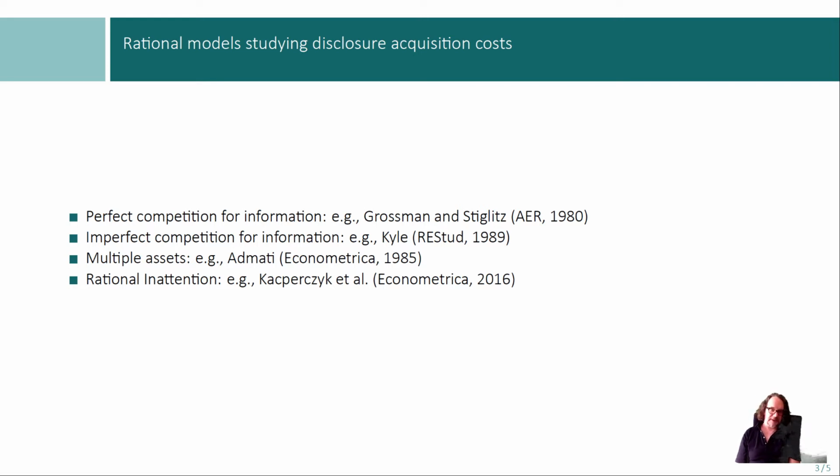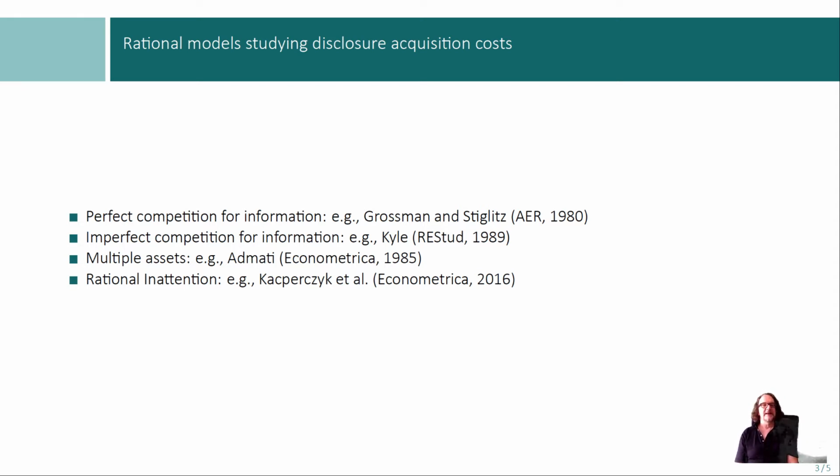So there have been extensions which use these rational expectations equilibrium models for multiple assets, and one of the seminal papers there is Admati in Econometrica 1985, and Admati shows how information being heterogeneously distributed across multiple assets gives rise to another partly revealing equilibrium, where some information is being revealed via the price mechanism, some isn't, and again here traders decide on their information acquisition, and the cost is in the center of the analysis, so this is why it belongs here.